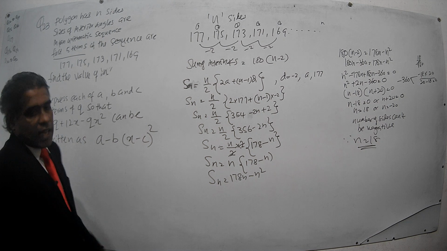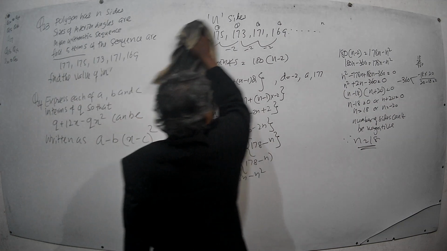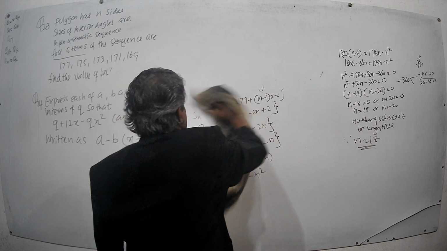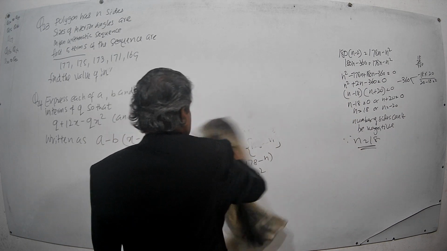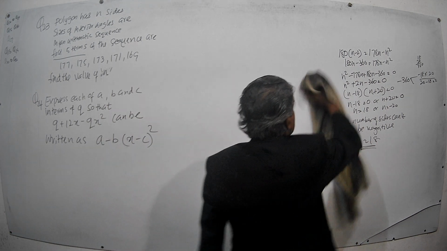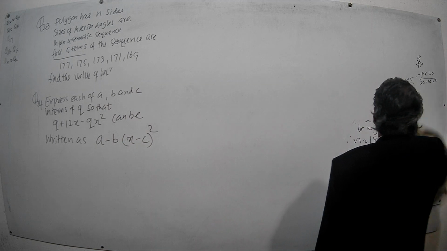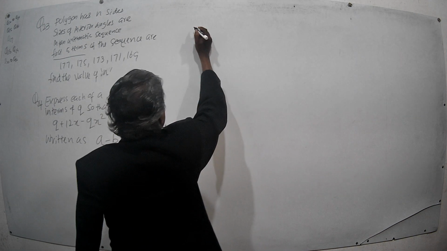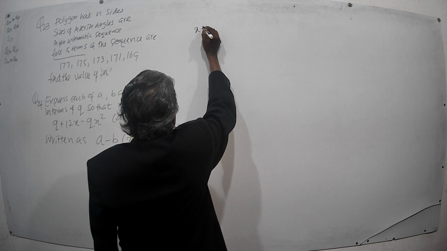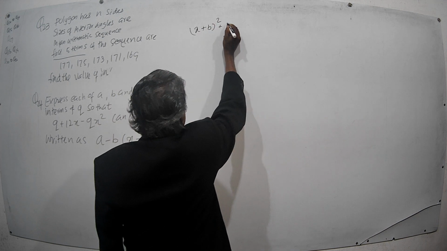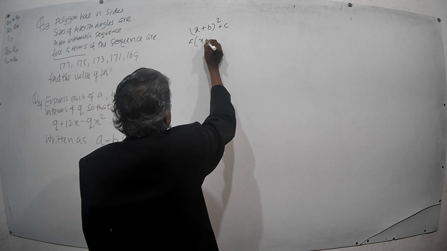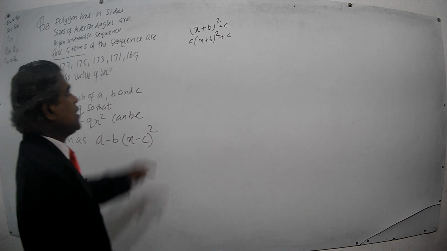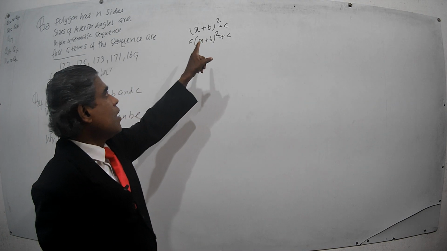What they ask you to do is to express A, B, C in terms of q. If you get anything such as a(x plus b) squared plus c, that is the form of completed squares.